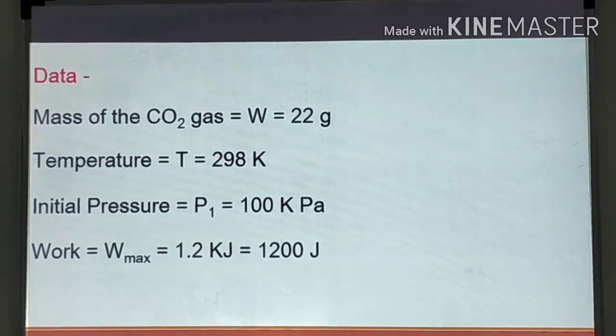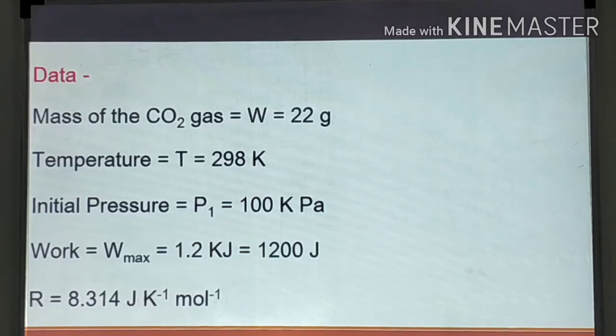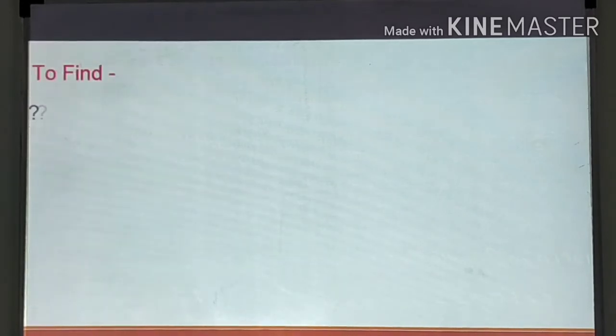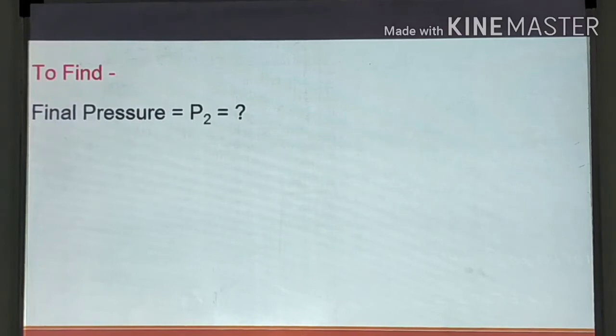I am converting it into joules. So I have to multiply by 1000. So 1.2 multiplied by 1000 becomes 1200 joules. This conversion I am doing because I am taking R in terms of joules per Kelvin per mole. The unit of work depends on the unit of R. Now I have to find out the final pressure P2.